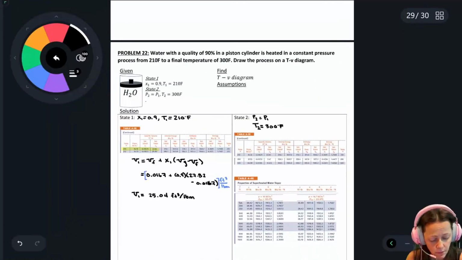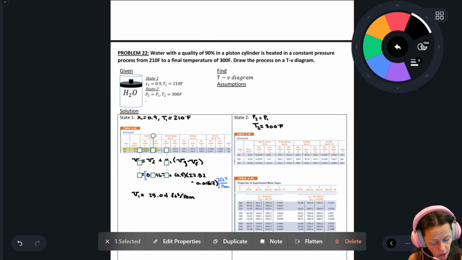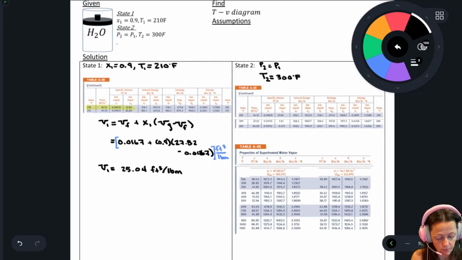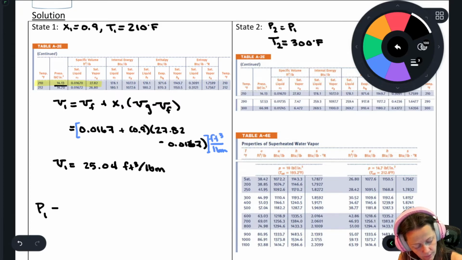Unfortunately, they just said it was a constant pressure process, but they didn't tell me what that pressure was. But that's okay because I had enough information to fix state one, because I knew what the temperature was and the quality was. So the only possible pressure at state one is the saturation pressure at T1.